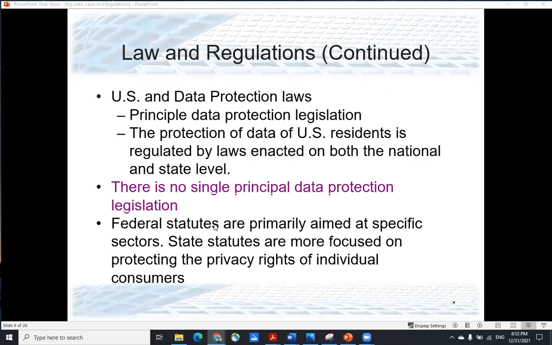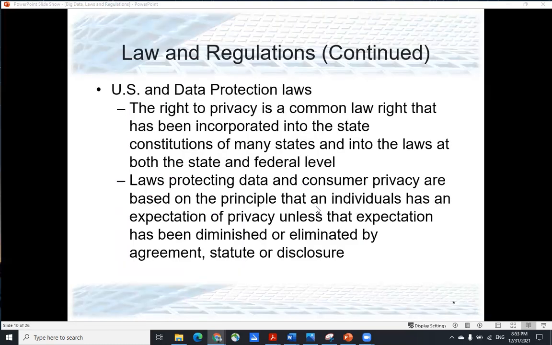So the federal statutes are primarily aimed at specific sectors. The state statutes are more focused on protecting the privacy rights of the individual consumers of that state. The state laws may impose restrictions and obligations on businesses that work inside that state.